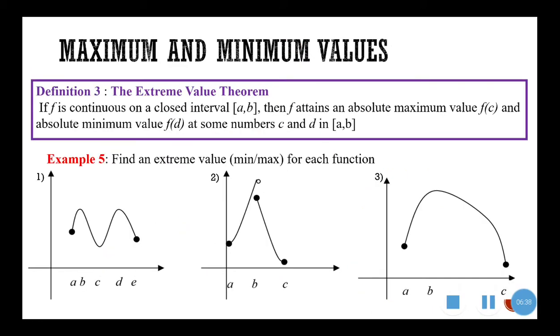Okay, now we have definition 3, the extreme value theorem. It is saying that if f is continuous on a closed interval [a, b], then f attains an absolute maximum value f(c) and absolute minimum value f(d) at some numbers c and d in the interval a to b.